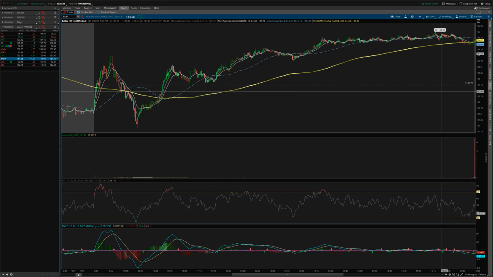So therefore, the chances of it retesting and going back above it are pretty high. Again, this is all a game of probability. Okay? You need to put the odds in your favor. You need to be the casino. You need to have the edge, right? Us giving you this number and you trusting the process is the edge.